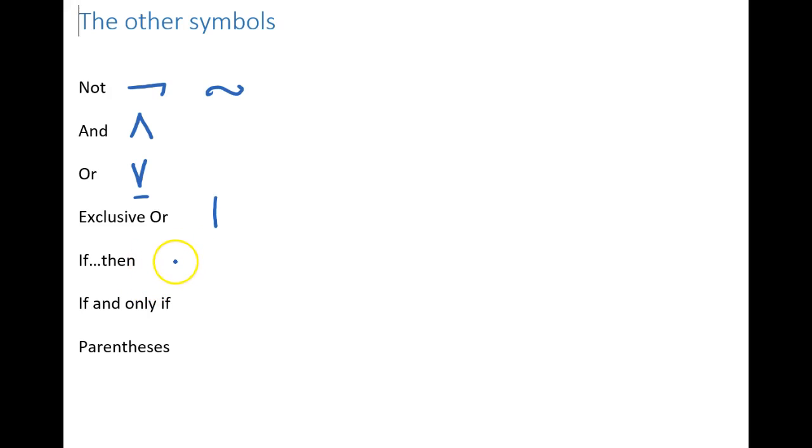Then we have a symbol for if then. Think of how many sentences take on the form if then. If it rains, I'll bring my umbrella. If you want to graduate, you will need 120 credits, and so on and so forth. The symbol for if then is the so-called horseshoe. Obviously, it looks like a horseshoe, that's why it's called a horseshoe.